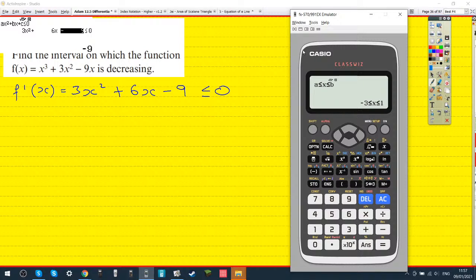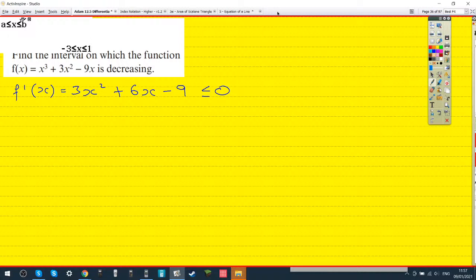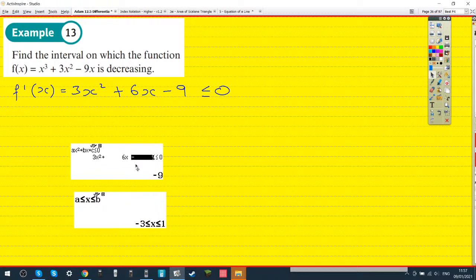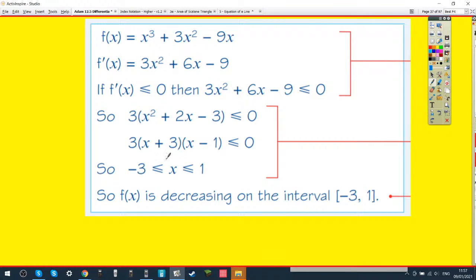You'll get the same as what I got here, except that yours won't have equal to. I got minus 3 is less than or equal to x, and x is less than or equal to 1. Yep. So x is between minus 3 and 1. There we go.